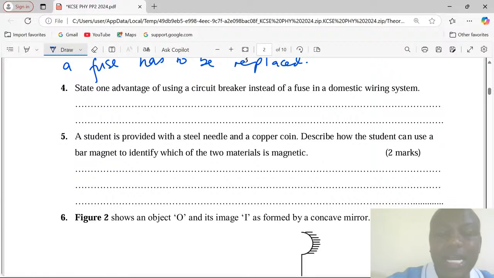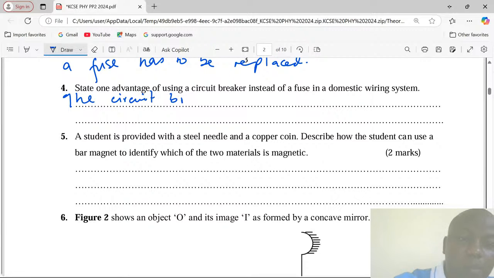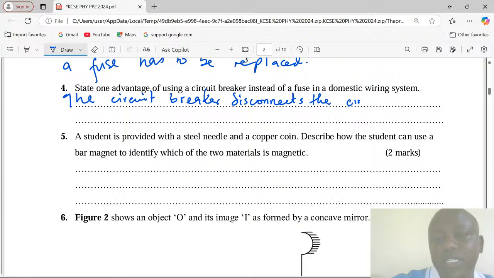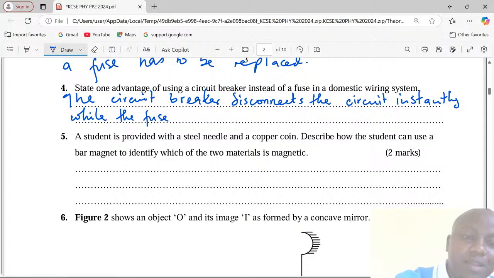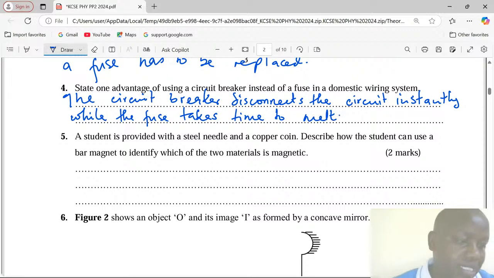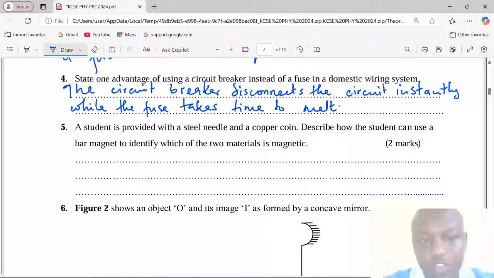Immediately there exist excess currents, the circuit breaker disconnects the circuit instantly, while a fuse takes time to melt.